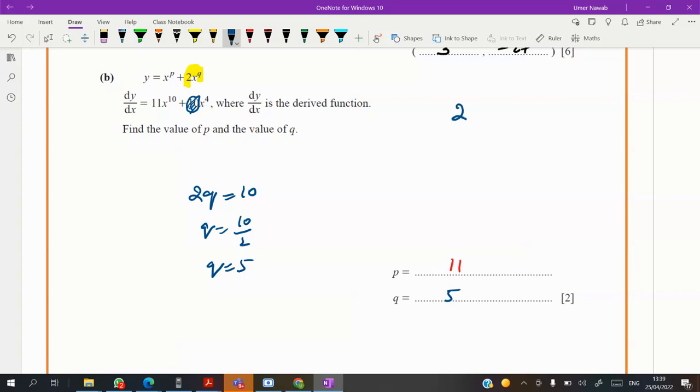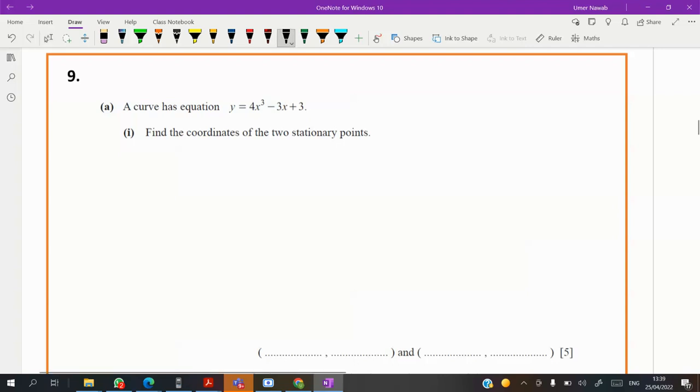If you want to check 2x power 5, what comes to you when you differentiate? 5 comes and multiplies with 2, it becomes 10x power 4. Do we have the same thing here? Yes, we have the same thing. It means the Q has to be 5. Straightforward question. Next.